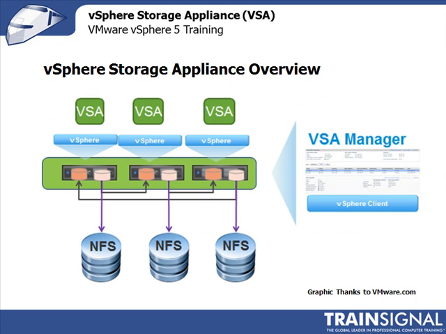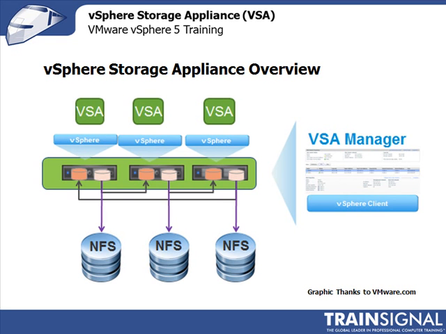So this is what the VSA looks like. This graphic from VMware.com depicts the VSA Manager, which actually runs on the vCenter server. You've got your vSphere client connected to it, and you'll actually have a plug-in for the vSphere client that you then use to manage this new virtual storage area network. The virtual storage area network, as you see, the VSAs actually span your vSphere servers or your ESXi servers, and they create a highly available and resilient storage area network across the local storage on those physical servers.